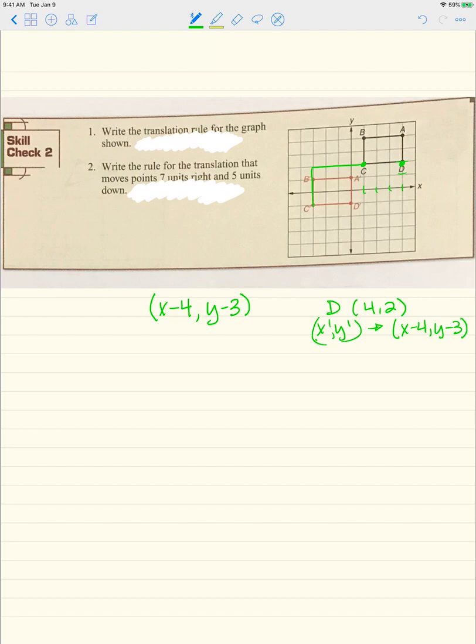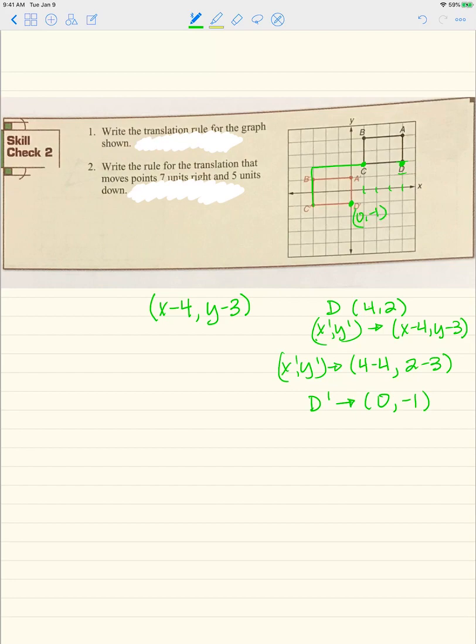So let's substitute in our points 4 and 2. D prime should be 4 minus 4 and 2 minus 3. 4 minus 4 is 0. 2 minus 3 is -1. So is D prime at 0, -1 on our graph? Here's D prime right here, 0, -1.